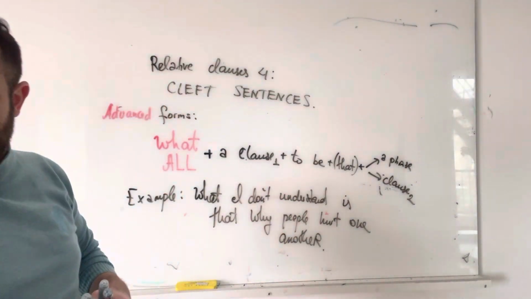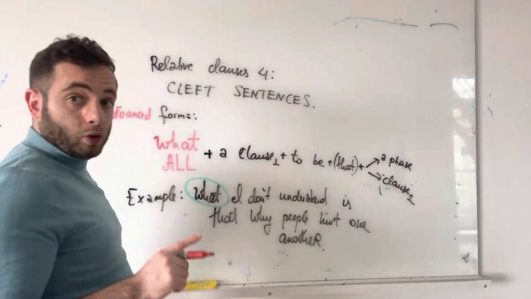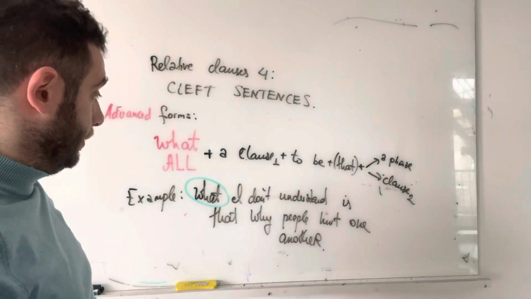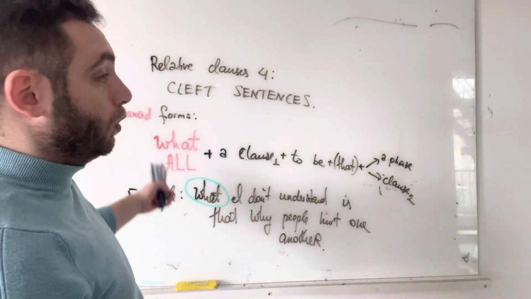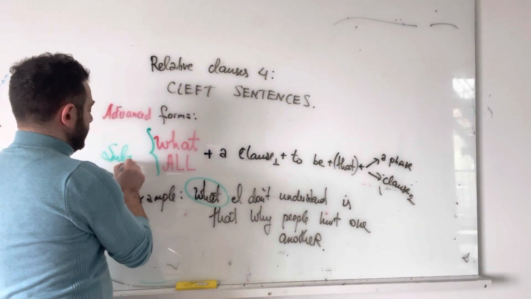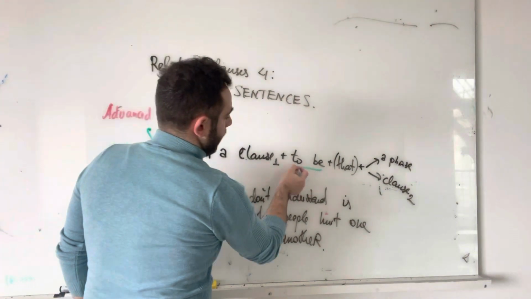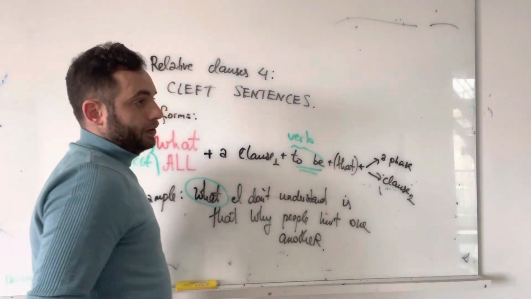If you look at this sentence, can you notice that what here is the subject of the sentence? By the way, like the thing that, the fact that, also what and all, these are all subjects. Let me also write here. And this is the verb of the sentence, or predicative of the sentence.